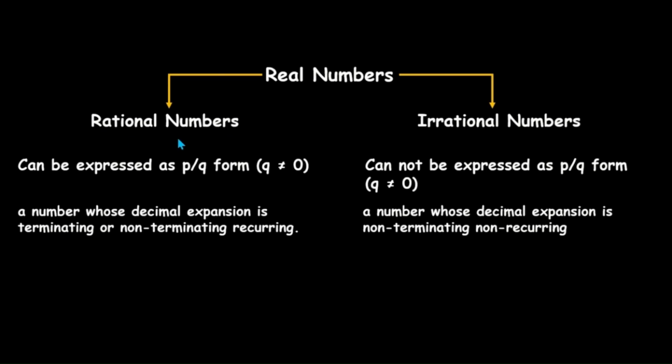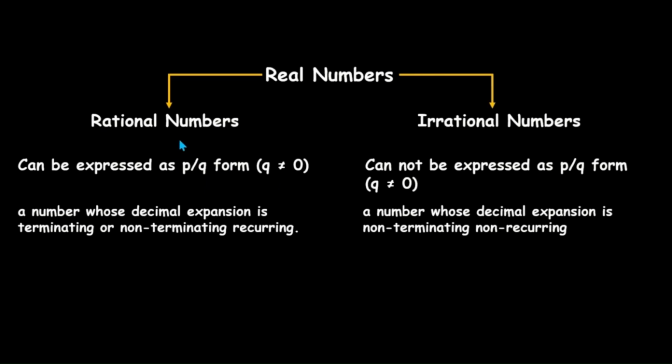These are the numbers that can be expressed in p by q form, where p and q are integers and q is not equal to 0. If q is equal to 0, then the value of this fraction would be undefined.